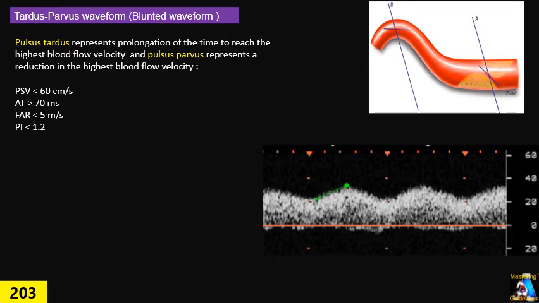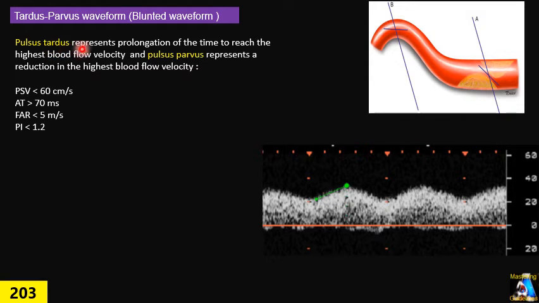Now let's see some important and common abnormal waveforms in carotid Doppler. The first is the Tardus Parvus waveform, or blunted waveform. In this pulse wave, we have two components. One of them is pulsus tardus. Tardus is a Latin word meaning delay.